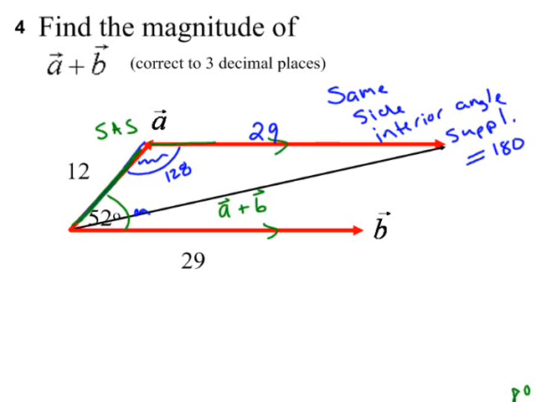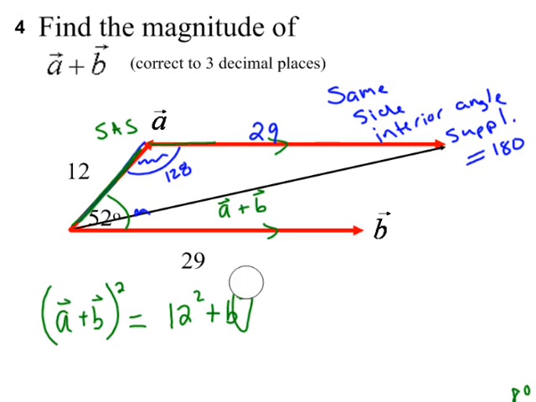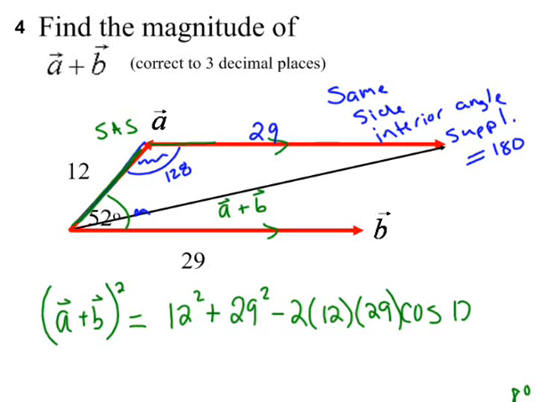So now we set up our law of cosines, and my resultant vector squared will equal a squared plus b squared, and I know b is 29, minus 2ab cosine c.